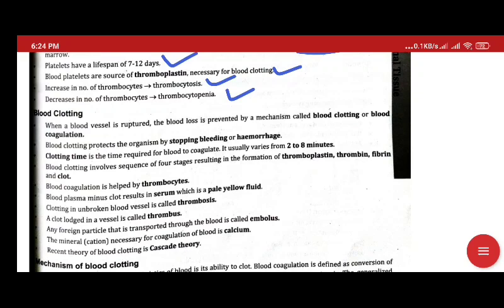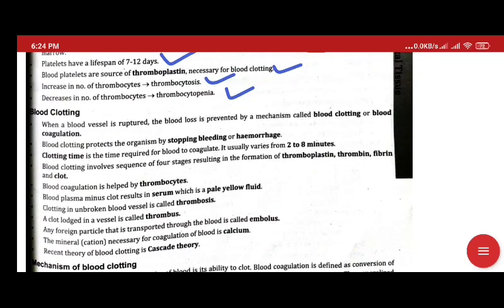Now blood clotting. If there is a cut in the body, blood clotting is due to what? The thrombocytes or platelets. Clotting time is up to 8 minutes. Now what is the process?